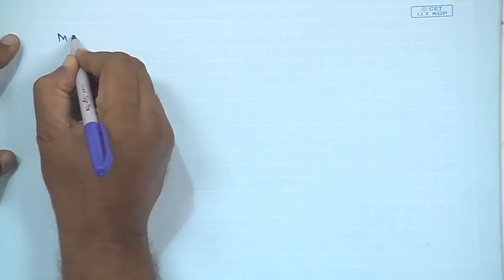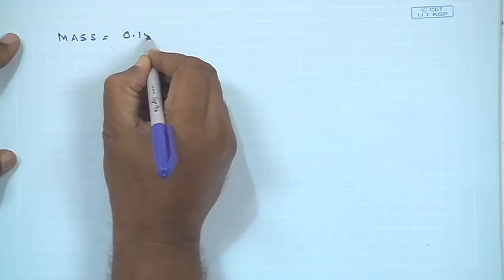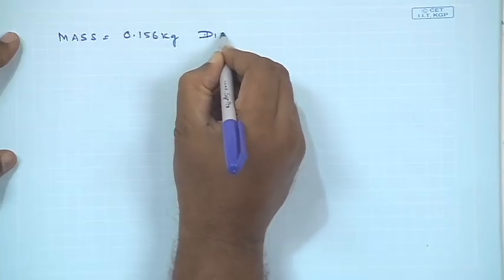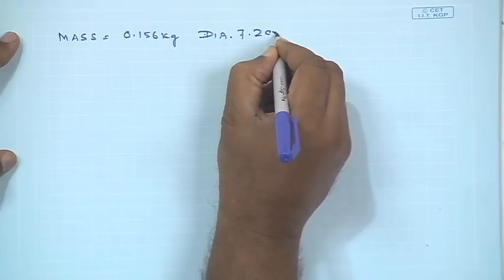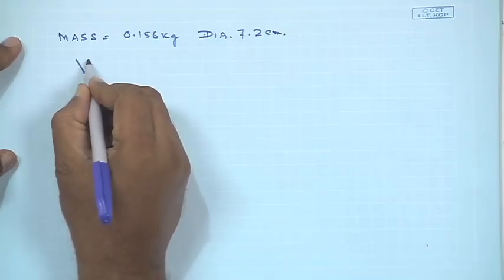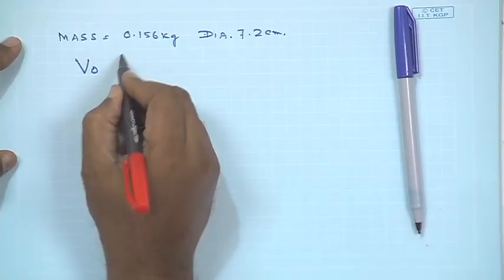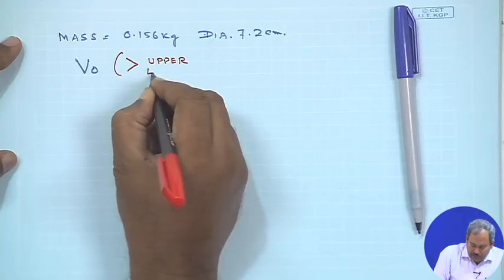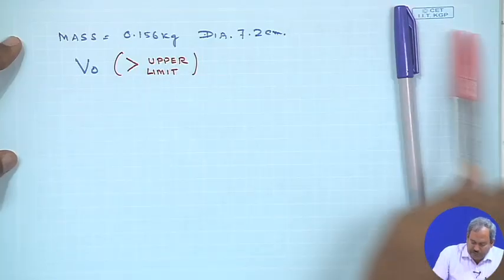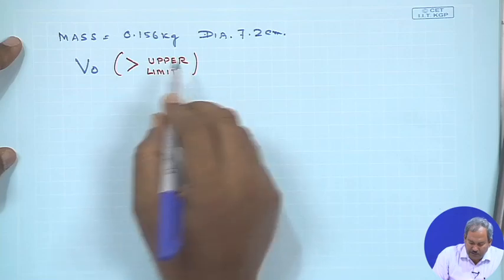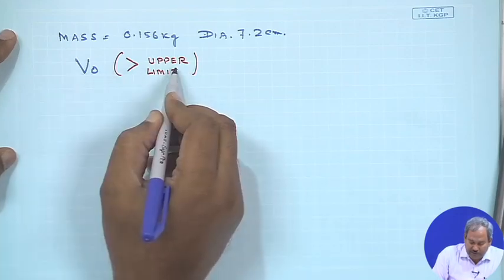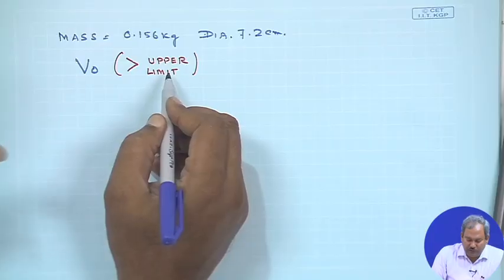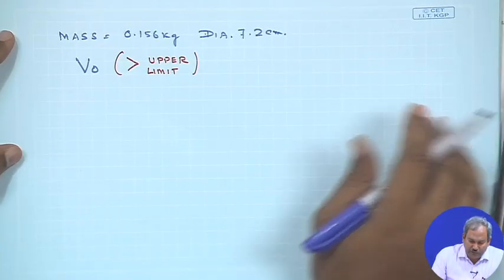So what we have is that we are provided the mass of the ball, 0.156 kg. The diameter remains the same as in the previous part, 7.2 centimeter, and it's being bowled with a velocity v naught which is greater than the upper limit, which we have seen to be equal to 105 km per hour. So since the release velocity is greater than the upper limit, you have turbulent flow on both sides of the ball. Therefore it cannot swing.